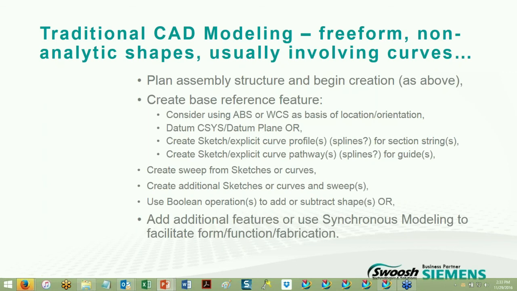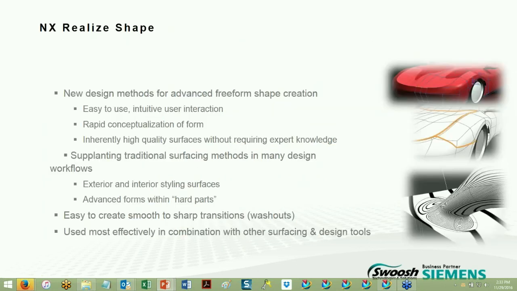Now, with this approach of realized shape, it's a completely different approach. It allows an advanced freeform shape creation, but it's really not freeform as much as free shaped. Little slight difference in the terminology there. Now, I'll say that NX Realized Shape is intuitive and easy many times as I go through this, but we're going to see that it is a completely different style of approach.